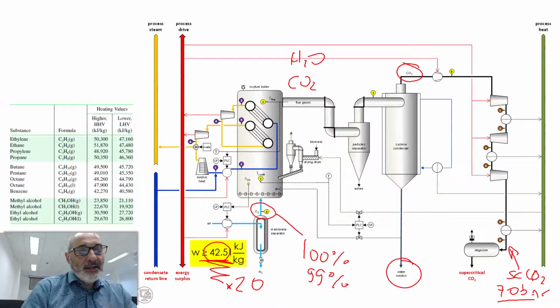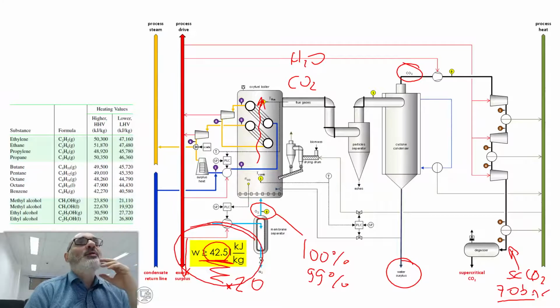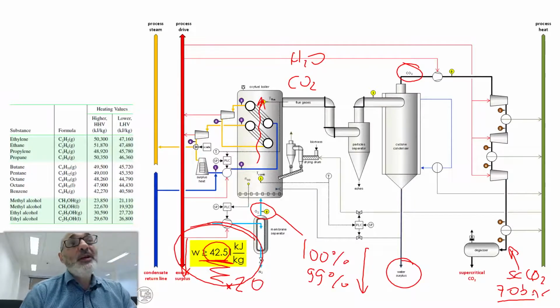The idea is to try to reduce this consumption of work. So I'm not considering the quality of the combustion process, as you mentioned, but the quality of the separation process. We're going to have a less perfect, or incomplete, separation, and try to calculate the amount of work involved.